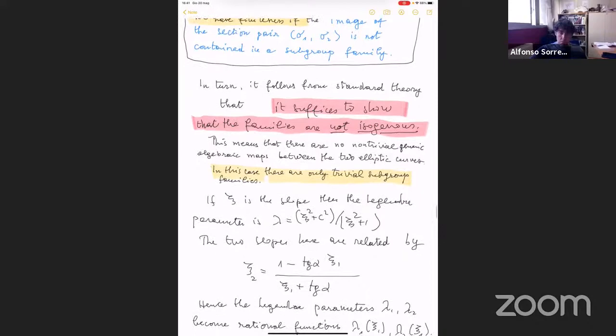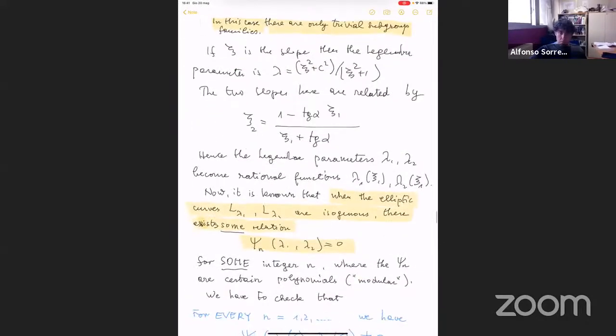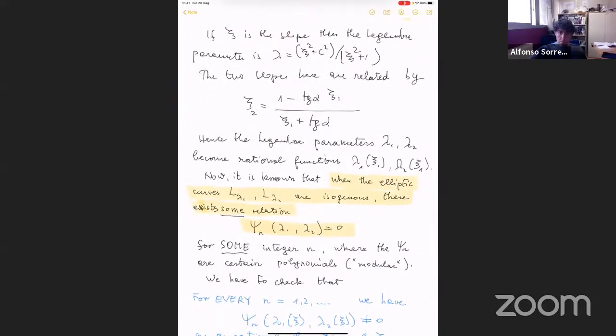And how to prove this? Well, we have the Legendre parameters. The Legendre parameter is given by the formula that you see written: lambda equals (psi squared plus c squared) over (psi squared plus 1). This is the Legendre parameter corresponding to the slope psi.